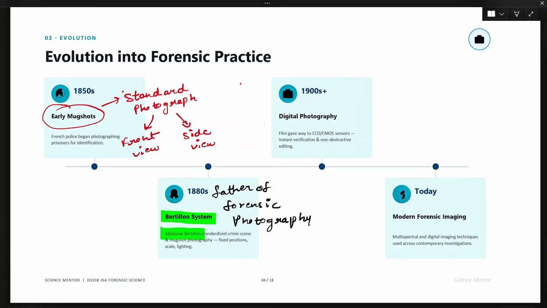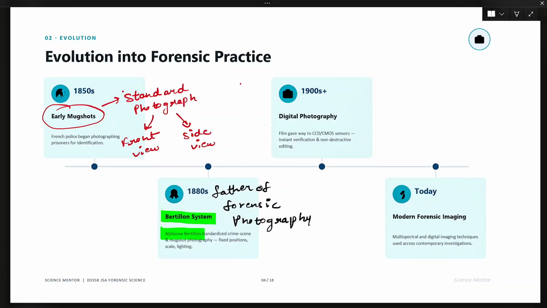Some questions I am going to ask, so you can answer these in the comment section. Question one: what is a mugshot? Question two: why is Alphonse Bertillon called the father of forensic photography? Question three: why is standard protocol important in crime scene photography?